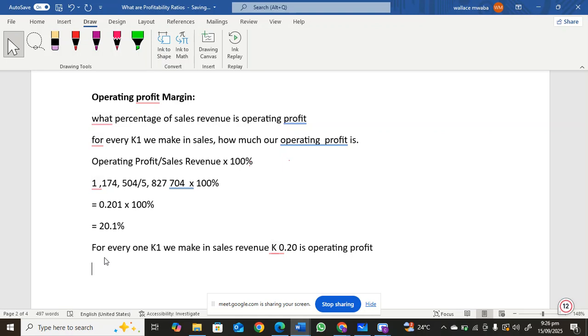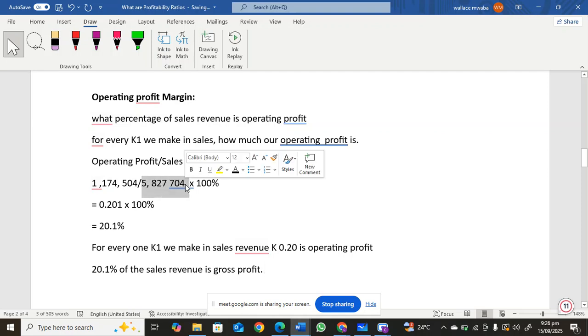The other way we can say it is 20.1% of the sales revenue is operating profit. When you look at this figure, 5,827,704, 20.1% of that figure is your operating profit.